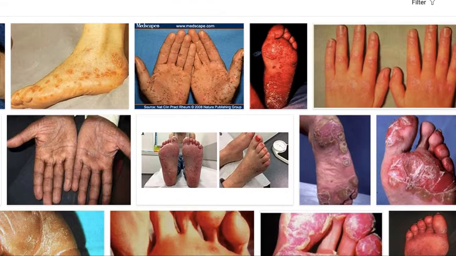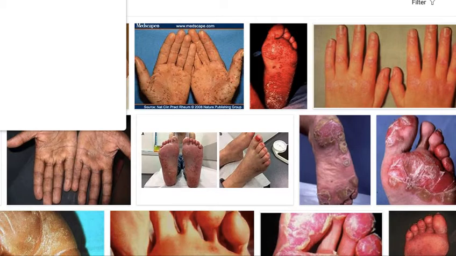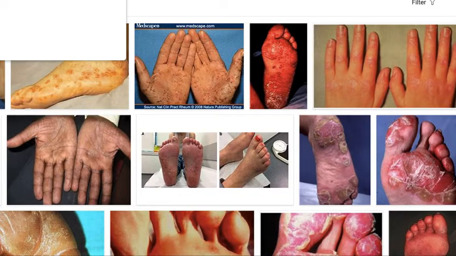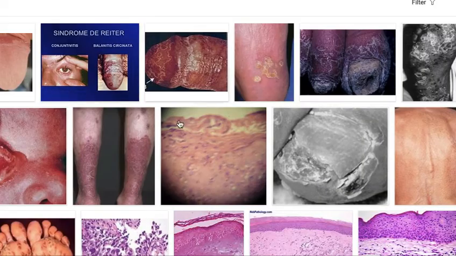One of the things I'm saying as urethritis, many of these patients also have balanitis. We call it balanitis circinata. So what is that basically?